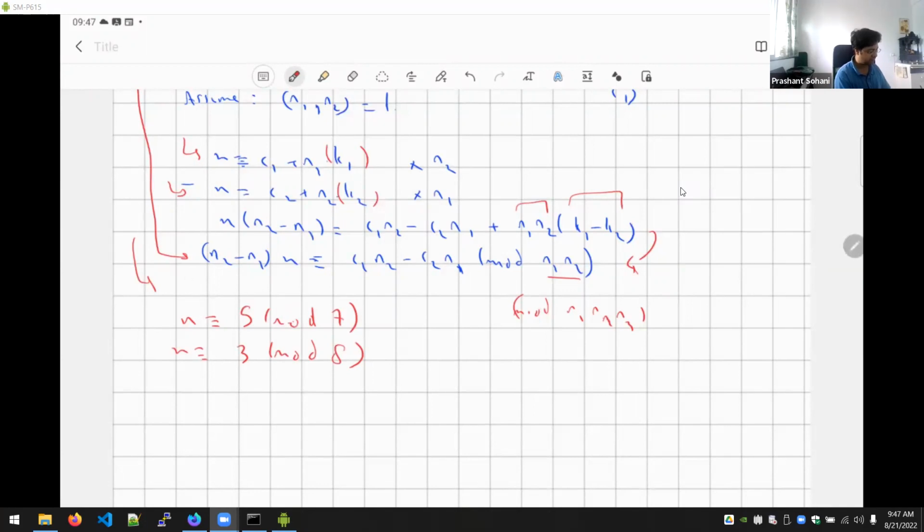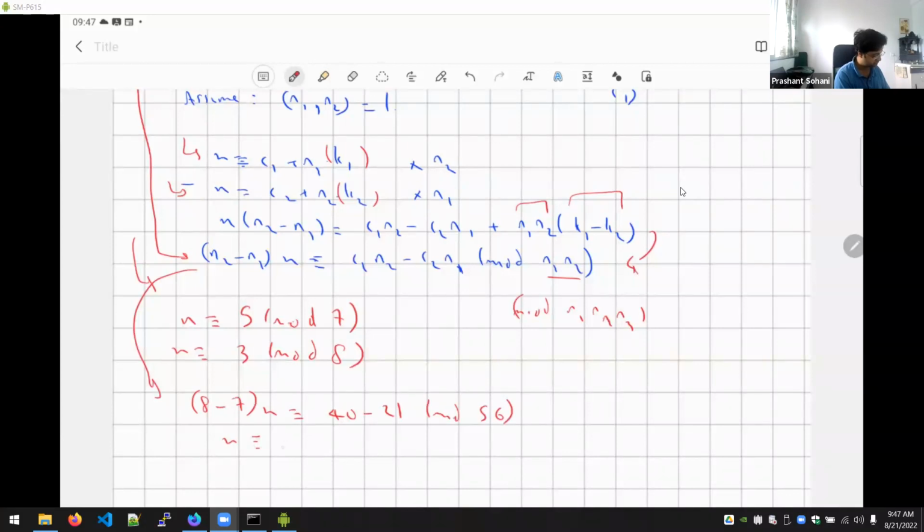So then, if I directly jump to the conclusion, what we are saying is n2 minus n1, so 8 minus 7, times x is congruent to c1 times n2 minus c2 times n1, so 40 minus 21, modulo 56. So I think x is congruent to 19.